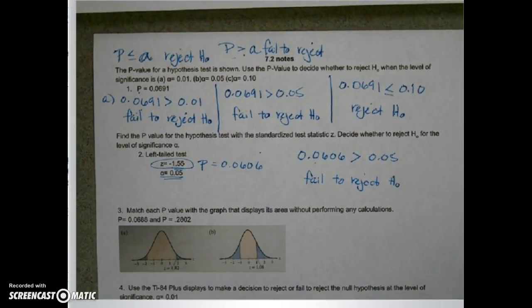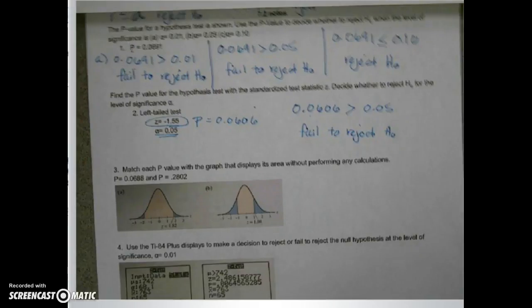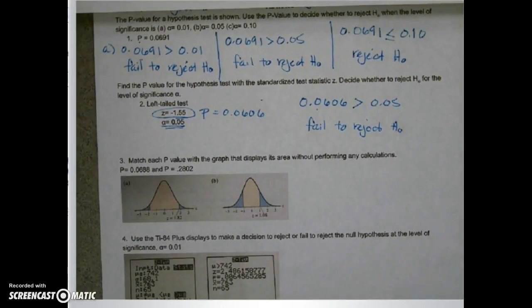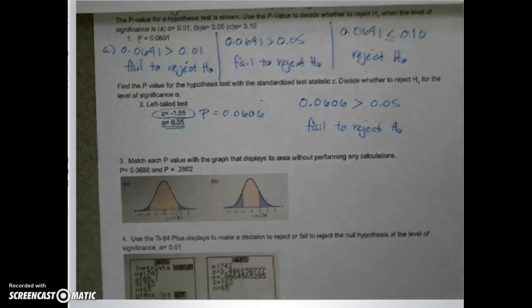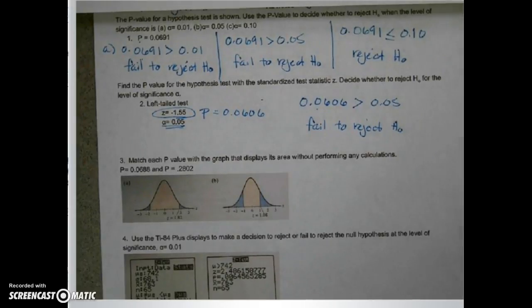So that part was based upon just given p-values and the level of significance. What we're going to do next is match up the p-value with the graph that displays it, without any calculations. I don't want to find the z-score here, I just want to look at it and tell.